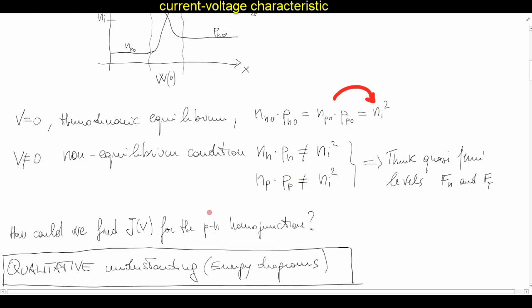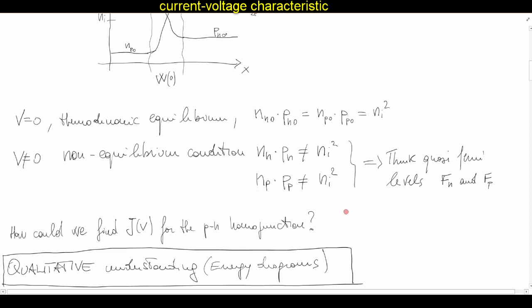So this is really for both sides a thermodynamic equilibrium. When we move to non-equilibrium condition, what happens is that Nn times Pn is now different from Ni squared, and the same Np times Pp is different from Ni squared.